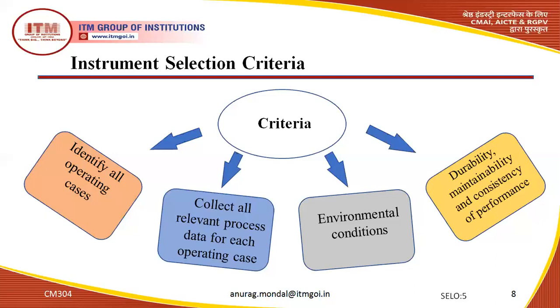We need to choose an instrument with low maintenance, meaning it will sustain in good condition for a longer period of time. We have to choose that kind of instrument. So durability and maintainability is another important factor. So these are the four criteria on the basis of which we need to choose the instrument.